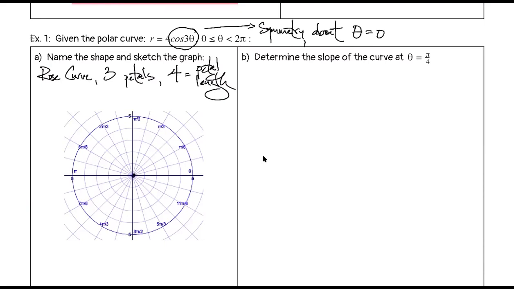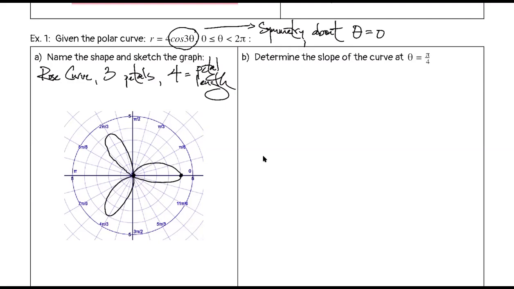So I know I'm going to start at 0, go 1, 2, 3, 4, and have one petal like that. That means the other two petals are going to be down here, with a length of 4 and then 4.